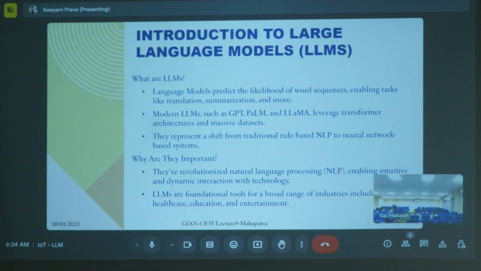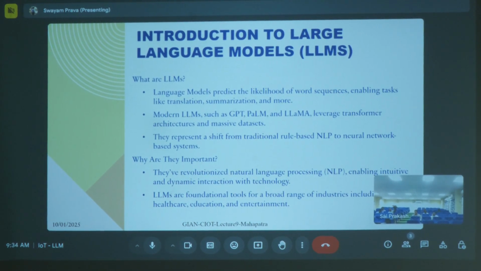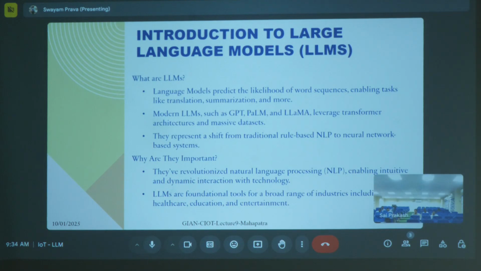But what sets modern LLMs apart is their reliance on neural network-based architectures, particularly the transformer model, which replaced older rule-based statistical methods.